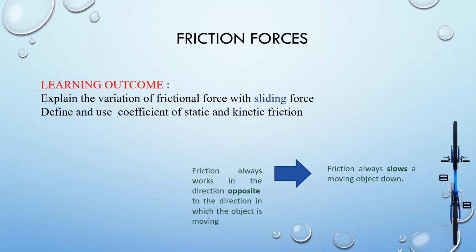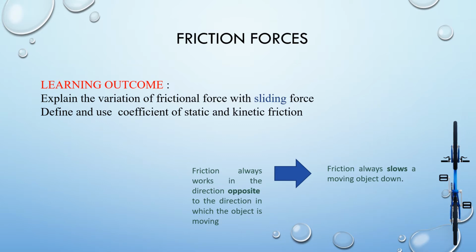Frictional force. The learning outcome is to explain the variation of frictional force with sliding force. Sliding force is also known as kinetic force. We're going to define and use the coefficient of static and kinetic friction. Friction is a force between two surfaces that are sliding or trying to slide across each other.